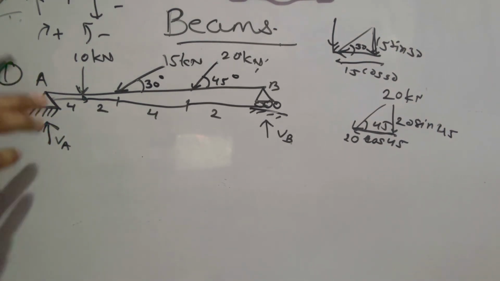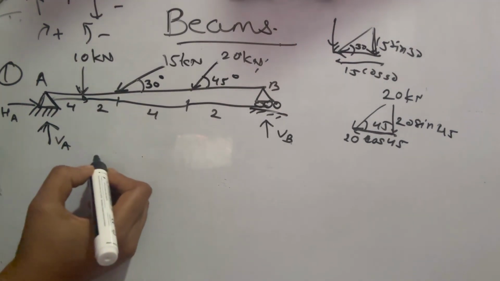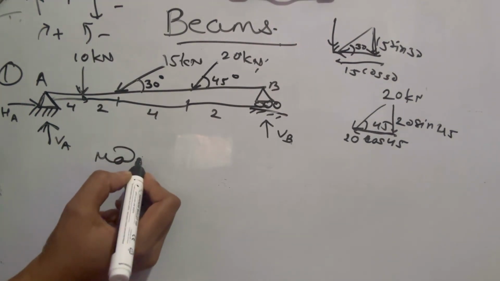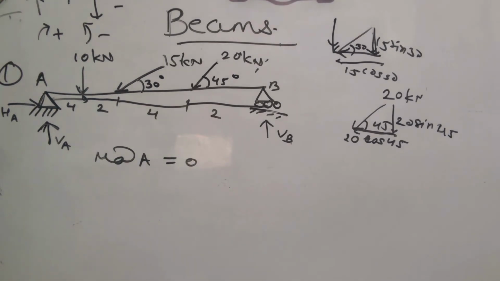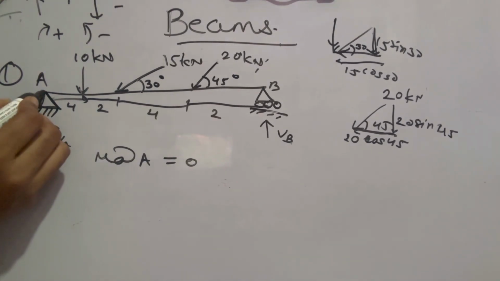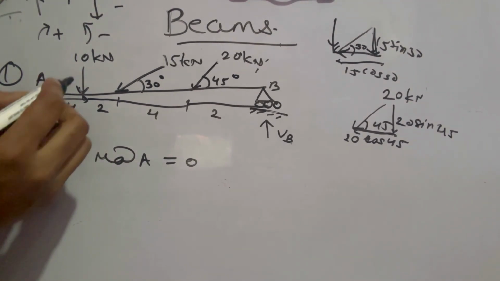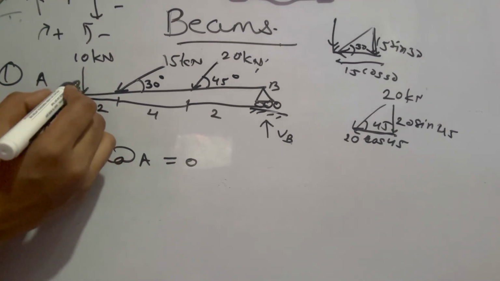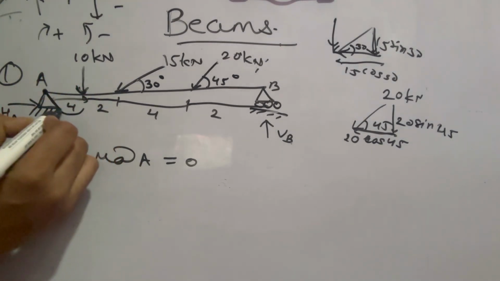To find out VA or VB, you need to calculate the moment. So moment about A equal to 0. So how to calculate the moment at this point? Moment will be load into distance.